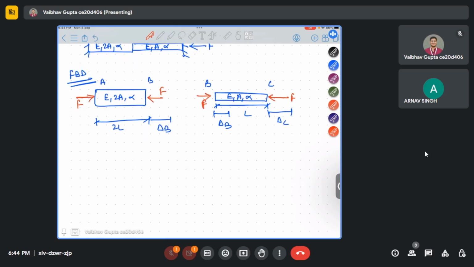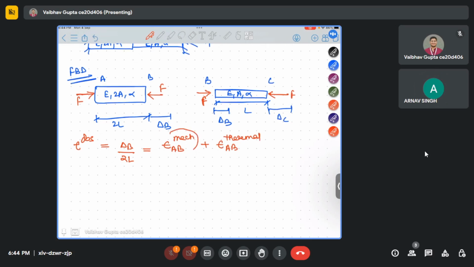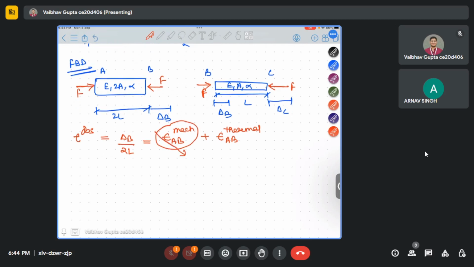So again, epsilon observed is delta B by 2L, equal to epsilon AB mechanical plus epsilon AB thermal. What is epsilon mechanical here? This is PL over AE. P here is F. This time this won't be 0 because F is coming into the picture; in the last case it was 0 because no force had been applied.